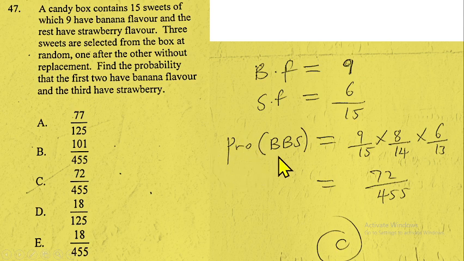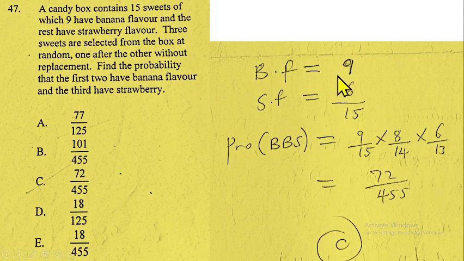So the probability of two banana flavor and strawberry. There's no way we can arrange this again because we have been told that the first two are banana flavor, so you cannot change the arrangement given to us. So the probability of the first banana is 9 over 15, variable outcome 9 out of total outcome 15, times, without replacement.